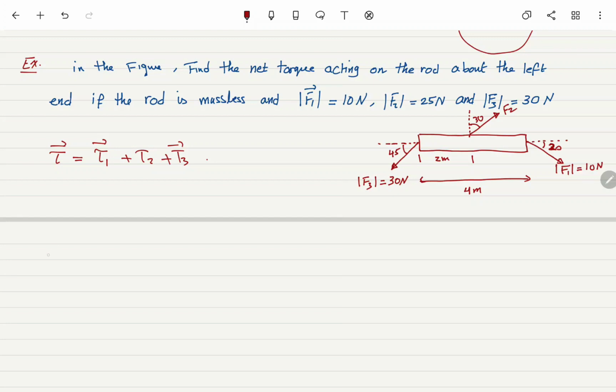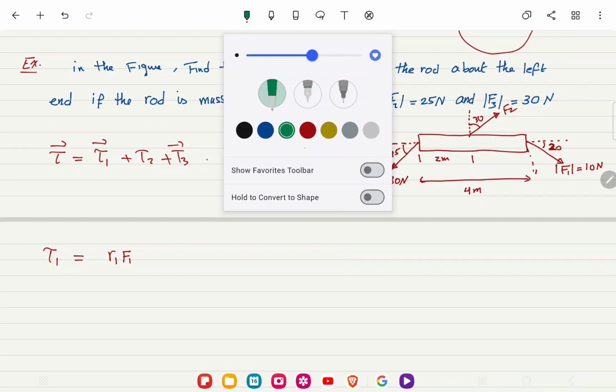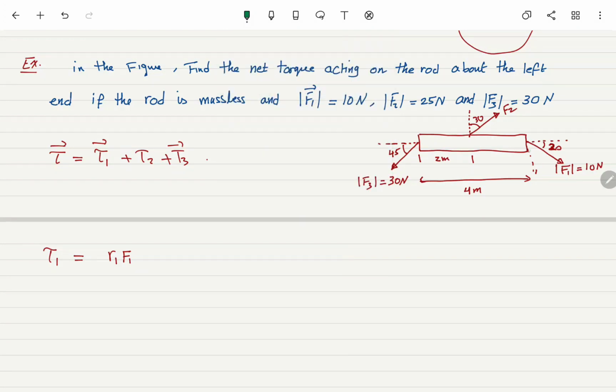Torque 1 equals R1 cross F1, where here's F1. And remember, only the perpendicular force applies here. So the only component that produces torque in this case is this one.